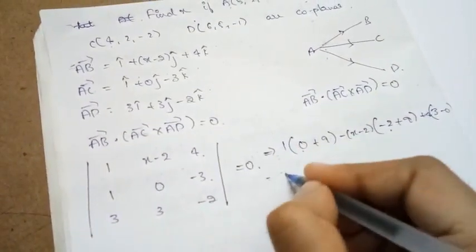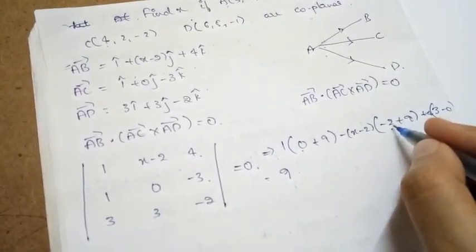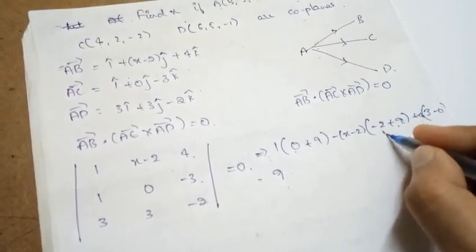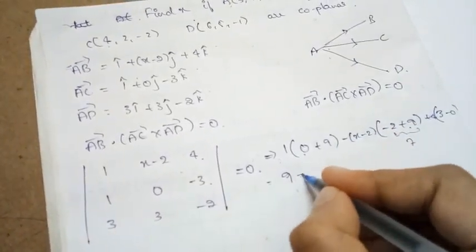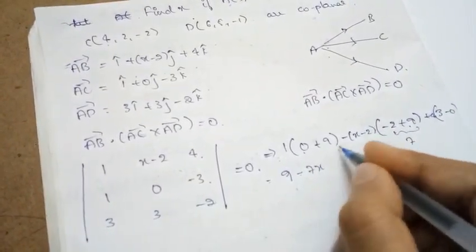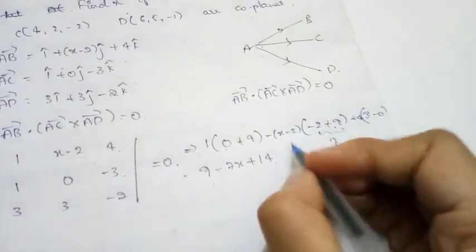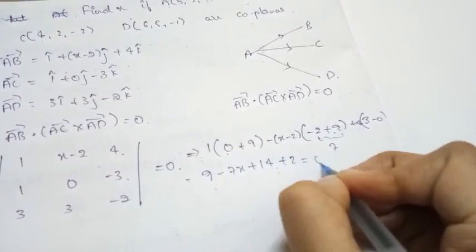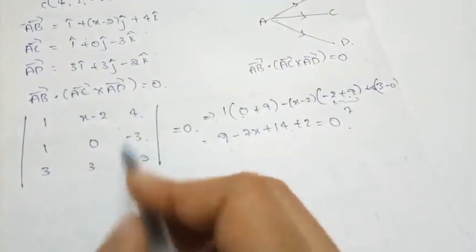So what does this become? 9 minus, here it is nothing but minus 2 plus 9, which is 7. So it is nothing but minus 7x, minus into minus plus, 7 twos are 14. Here 4 threes are 12, which is equal to 0, because our RHS is equal to 0, because they are coplanar.